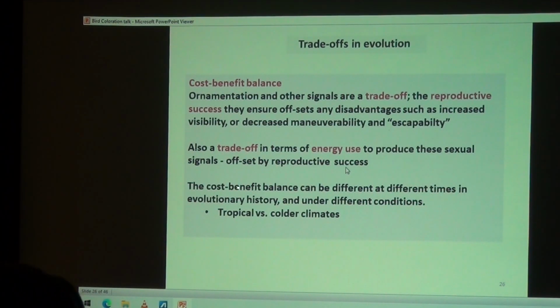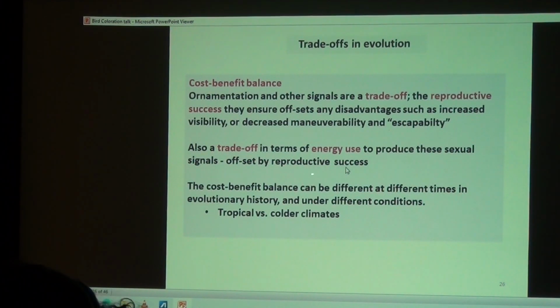And there's also a trade-off in terms of energy use. Energy in this context is metabolic energy, the energy the organism gets from food, that the bird gets from food. And there's a limited amount of it, and it has to be put to good use. It has to be used to propagate and maintain traits that in the long run lead to reproductive success.